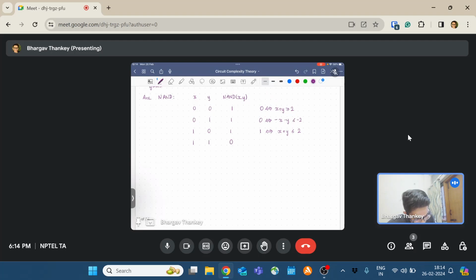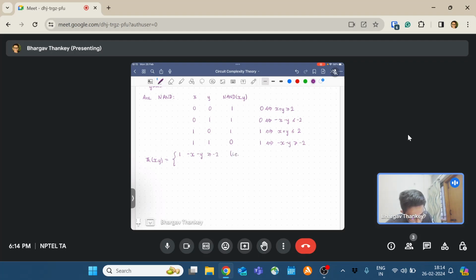And this means that NAND is 1 if and only if minus x minus y is greater than or equal to minus 2. Right? And this naturally gives you the threshold circuit. So you can define threshold(x, y) as 1 if minus x minus y is greater than or equal to minus 2.